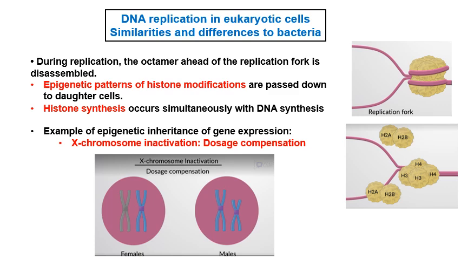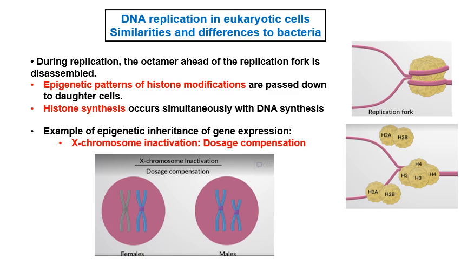And we already talked about those epigenetic patterns and the histone code before. So here's just to emphasize that when you are replicating the DNA, you're going to have double the amount of the DNA that you started with.